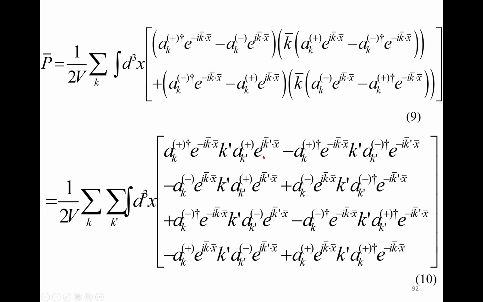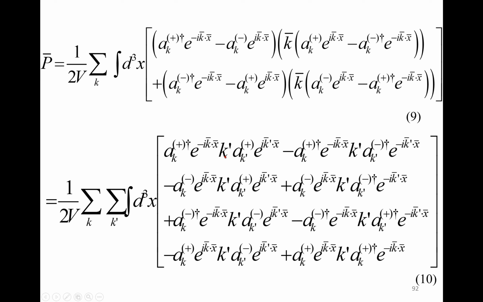Similarly we can get the other two terms also, and now we will have 4 terms here. Multiplying the first term with the first term, the first term with the second term, the second term with the first term, and the second term with the second term, we will have the last 2 equations. So we can have this equation exactly, equation 10. Now we can combine e power minus ikx with e power ik prime x.